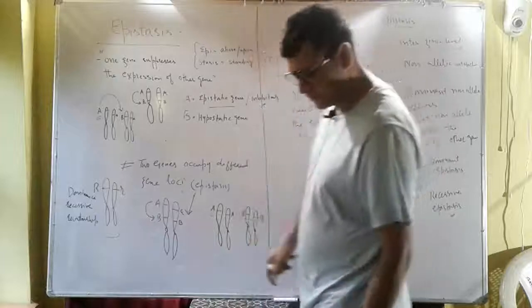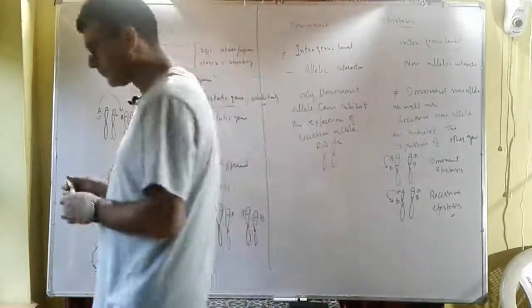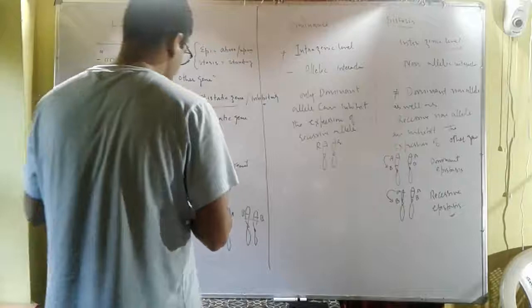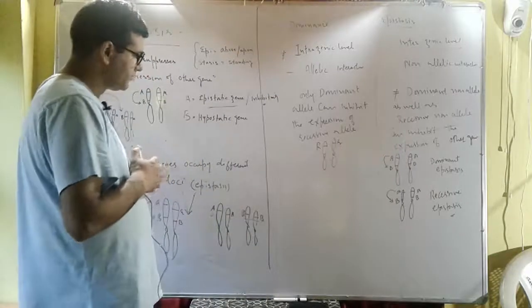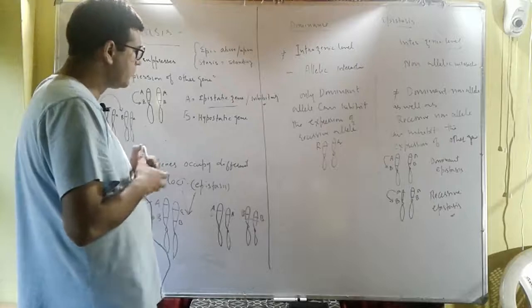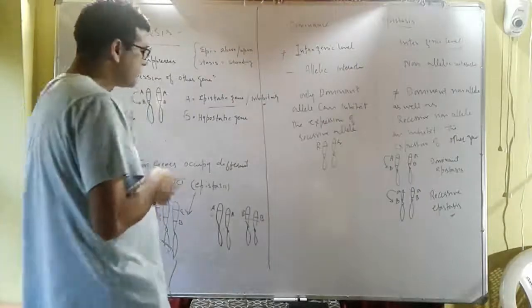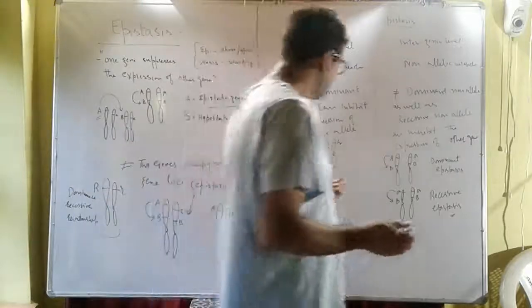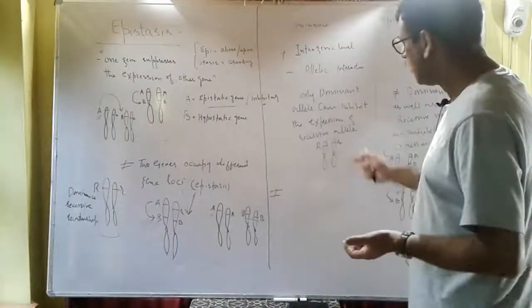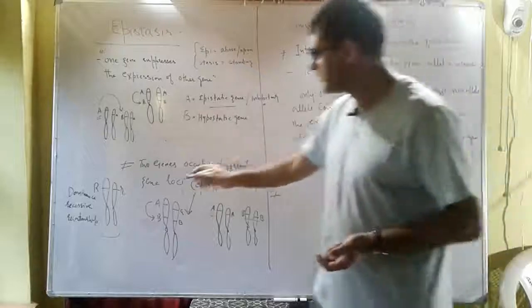Then we have another difference. In case of dominance-recessiveness, the expression of only the recessive allele is suppressed.